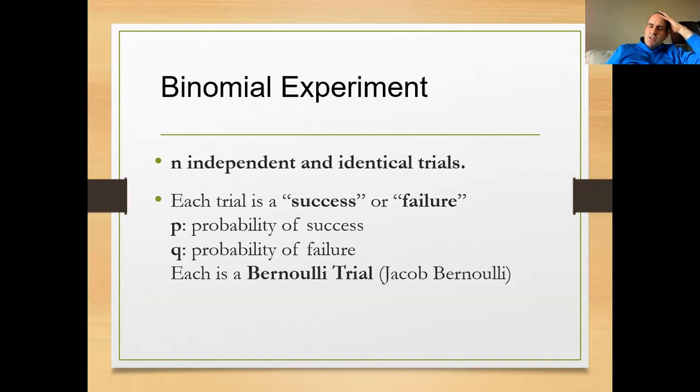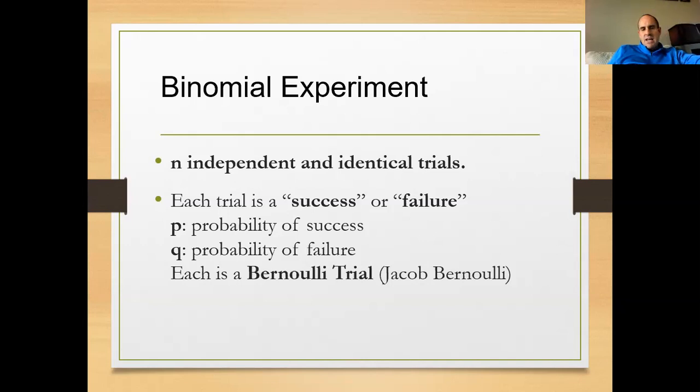You denote the probability of success by P and the probability of failure by Q. And of course, since there are only two options, success or failure, P plus Q is necessarily equal to 1, like 100%.